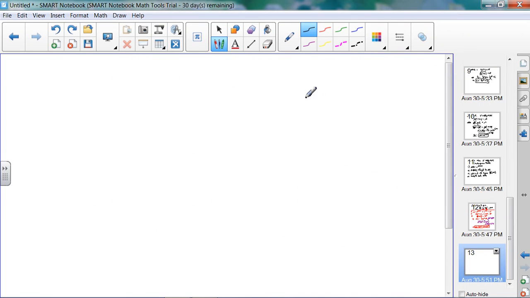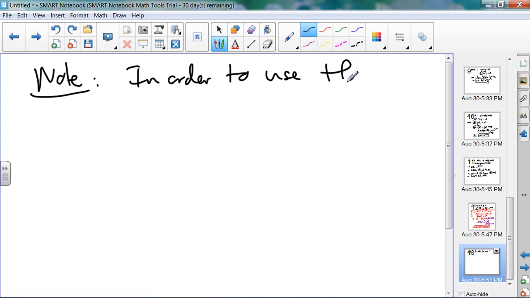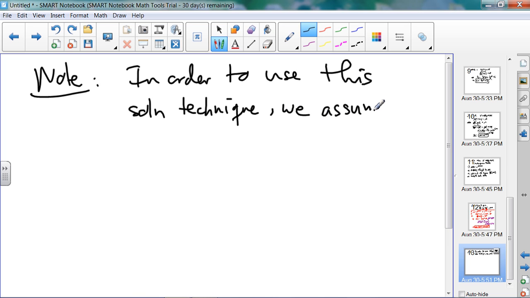Now that we've solved the problem, let me make one quick remark, which is very important. This might have gotten lost, but I want to emphasize the point because it can get a little tricky. In order to use this solution technique, by which I mean finding the integrating factor and multiplying through, we made a crucial assumption.